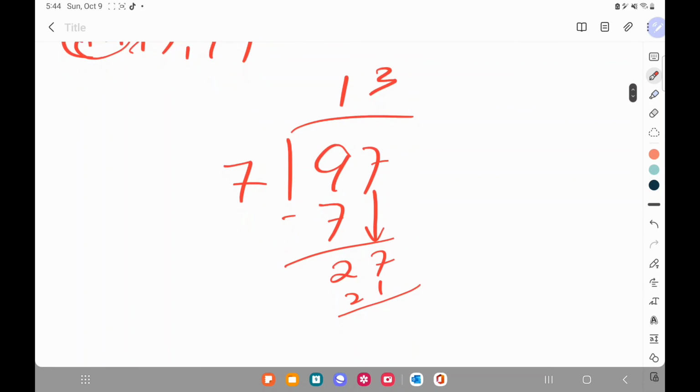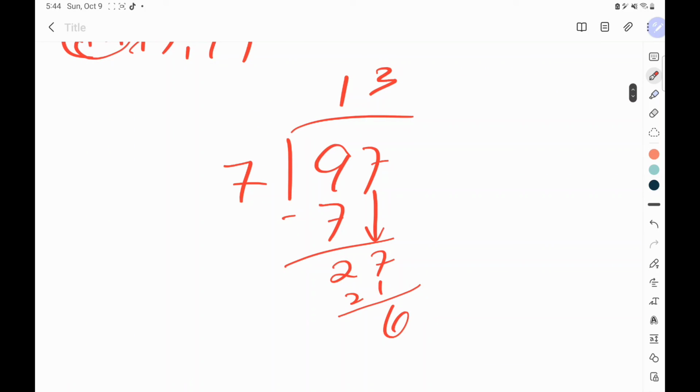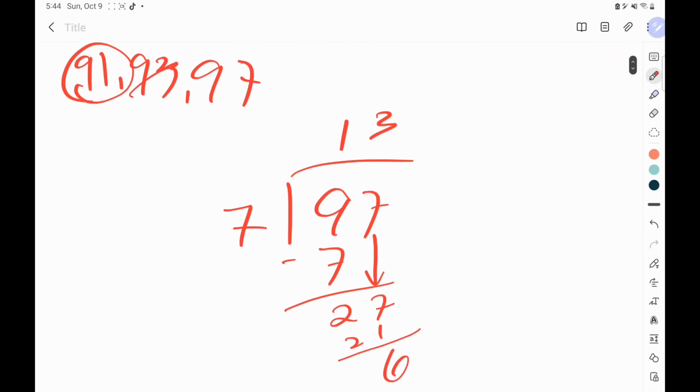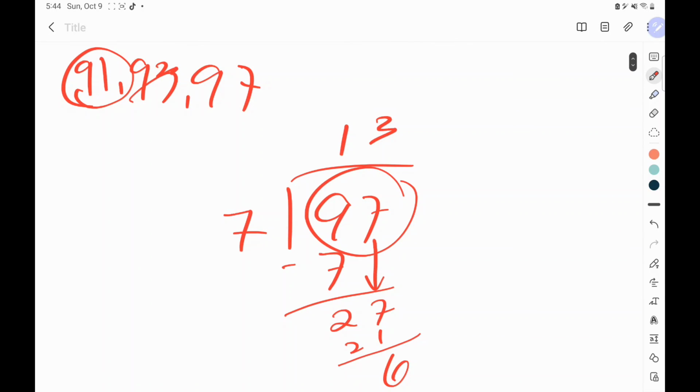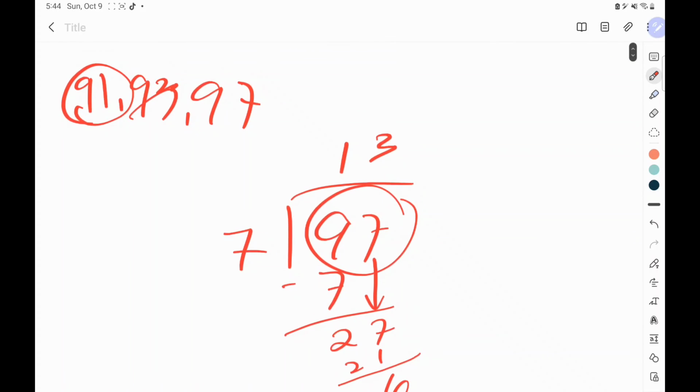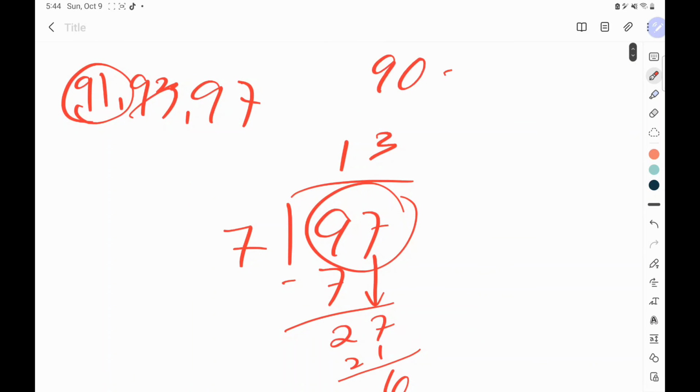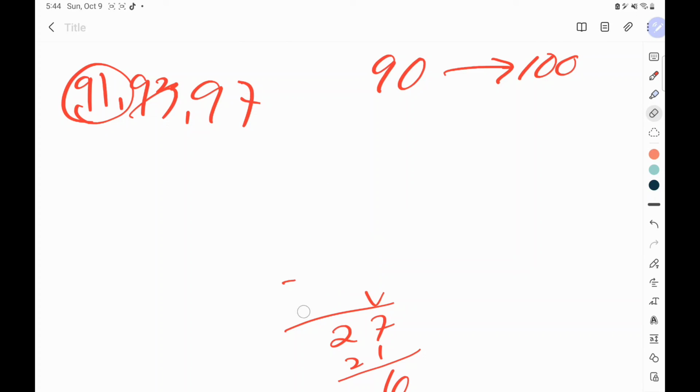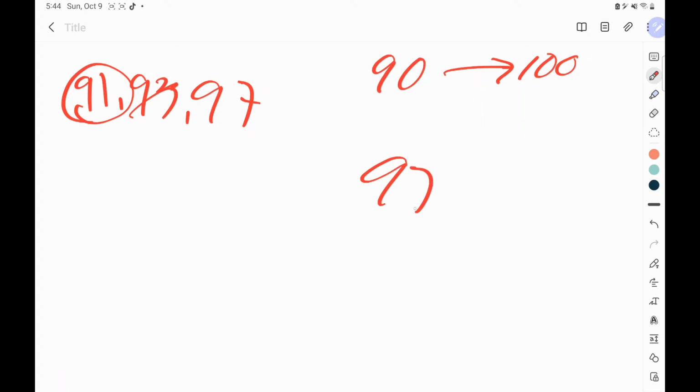Minus, that's equal to 6. That means your remainder is 6. Basically, 97 is not divisible by 7. Basically, for the numbers between 90 and 100, there is only one prime number, which is 97.